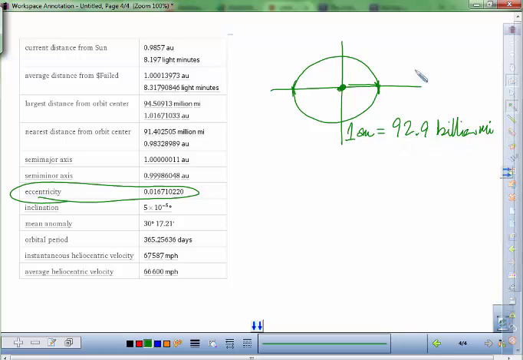Let's write this in scientific notation: 9.29 times 10 to the 7th. Right? Come on, you guys are engineers, right? Wannabe?